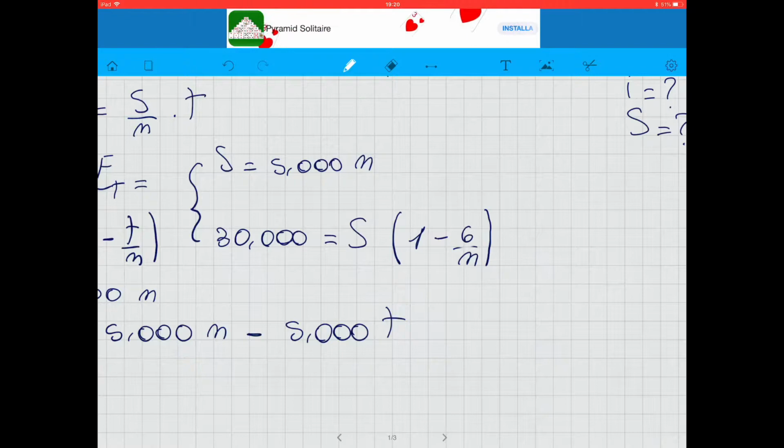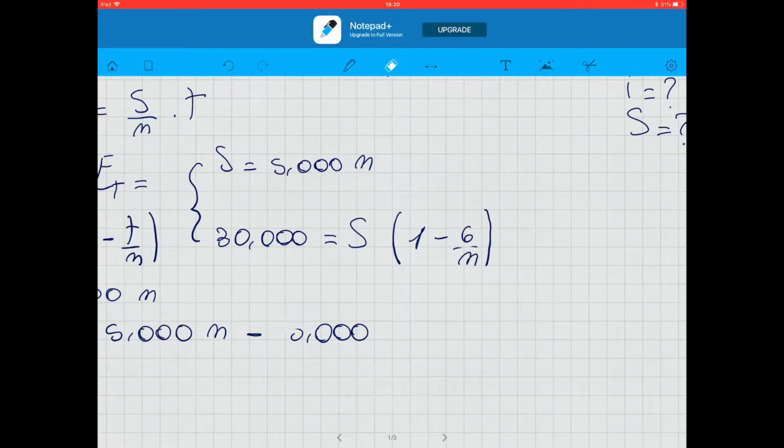So it's times 6, that is 5 times 6 is 30, so we have 30,000.